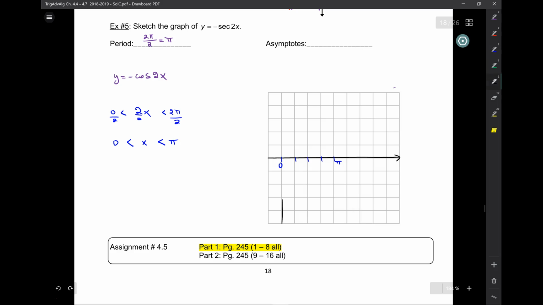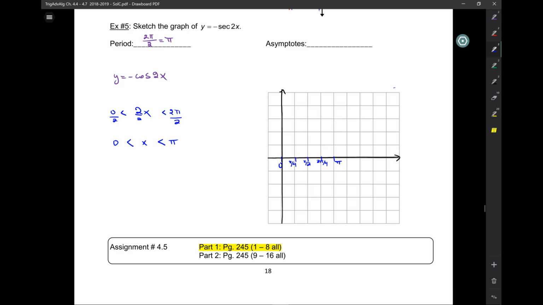This is an easy one. In the middle, I have pi over 2. First point, pi over 4, 3 pi over 4. Okay. It's negative cosine.